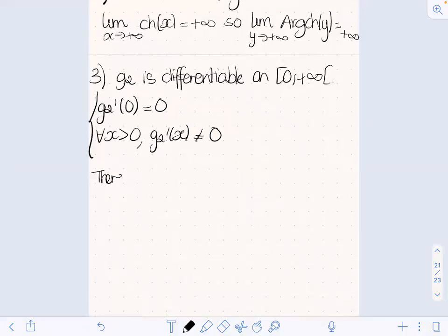So if we apply the inversion theorem, where can we say that argch of x is differentiable? On 0 excluded to plus infinity. You got the right idea, but on 1 excluded to plus infinity.